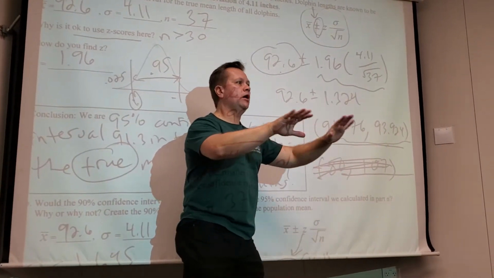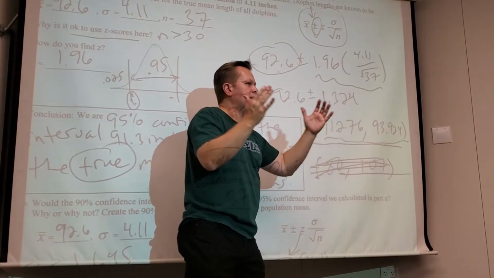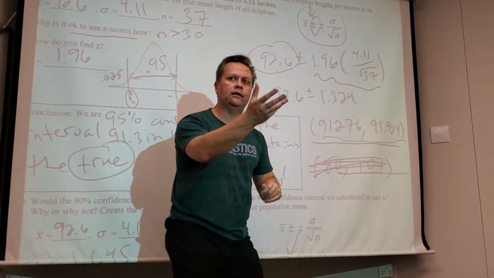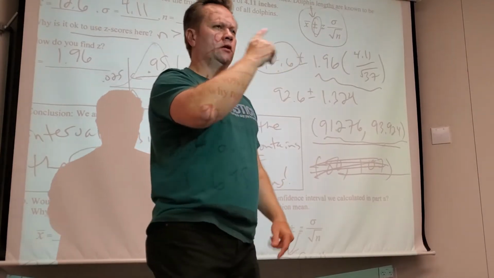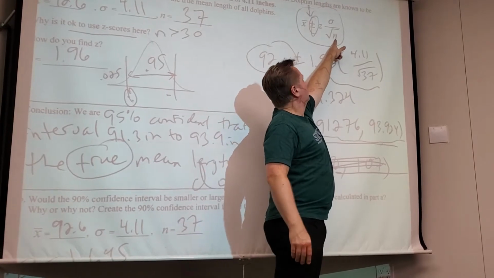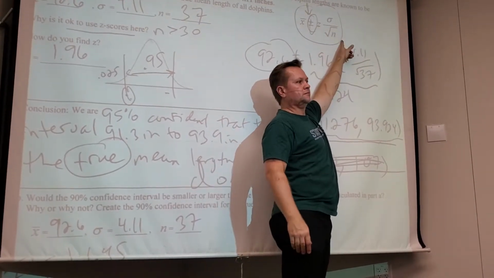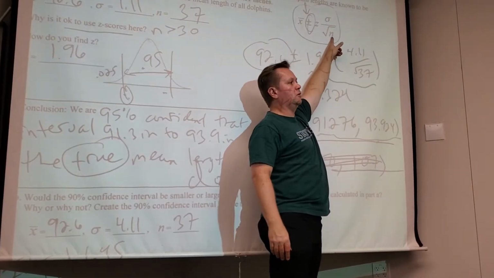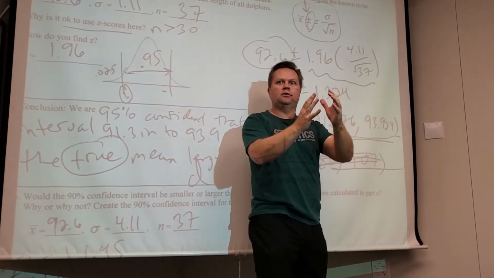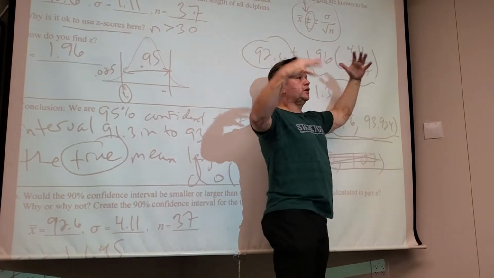We knew that day one. Bigger sample, I should be less uncertain about what I see. You guys with me? Notice mathematically, the math comes in and says, you're right. Because if I make n bigger, what happens to this? If I divide by a bigger number, I get a smaller number. So yes, the error does go down when n gets bigger.